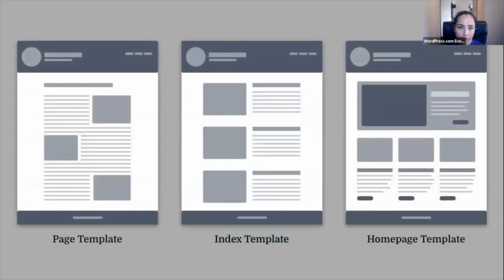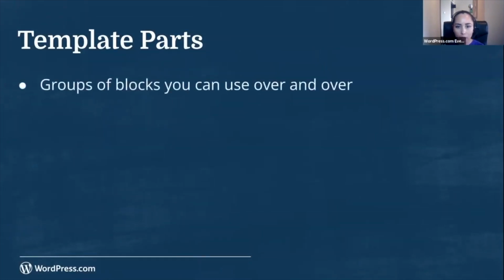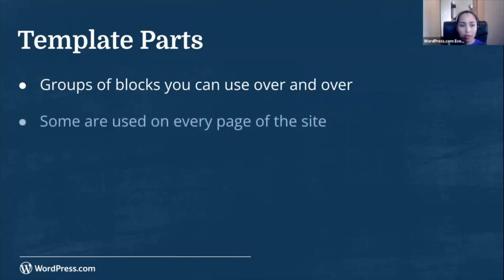So far, we've seen a page template, an index template, and a homepage template. Now let's recap a little bit on the template parts. What they are is a group of blocks that you can use over and over. Some are used on every page of your site.